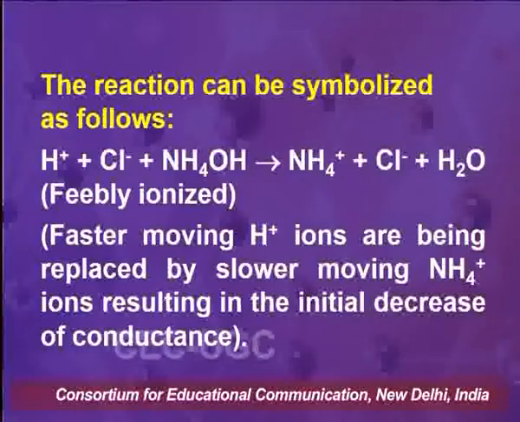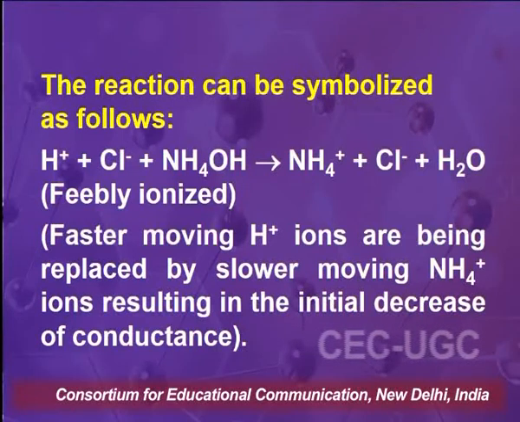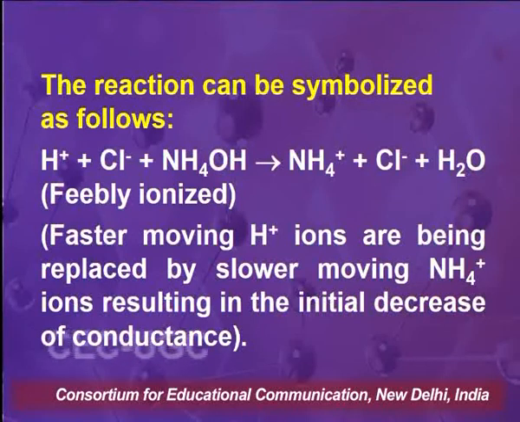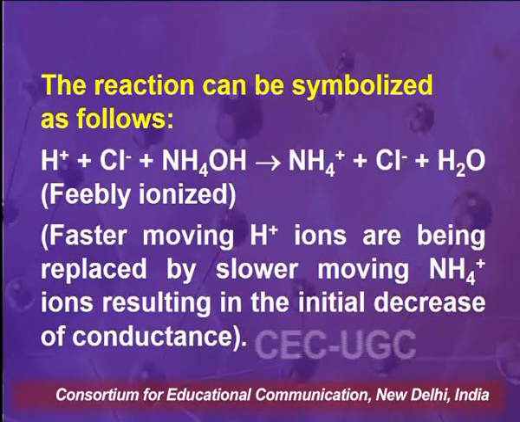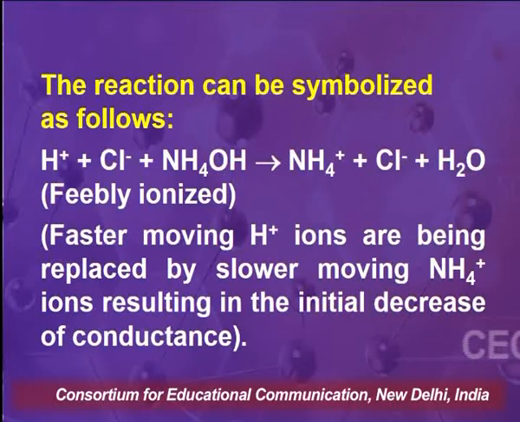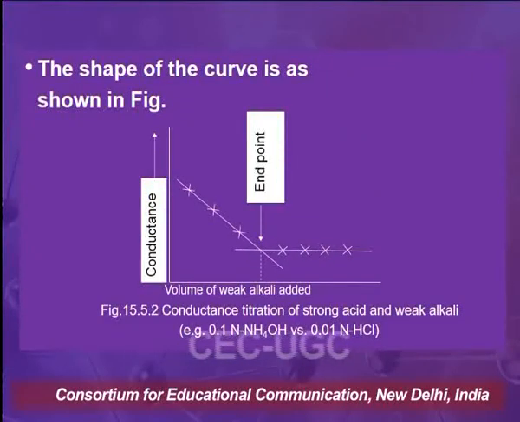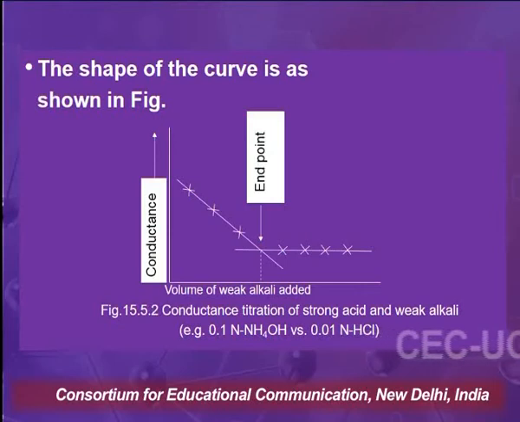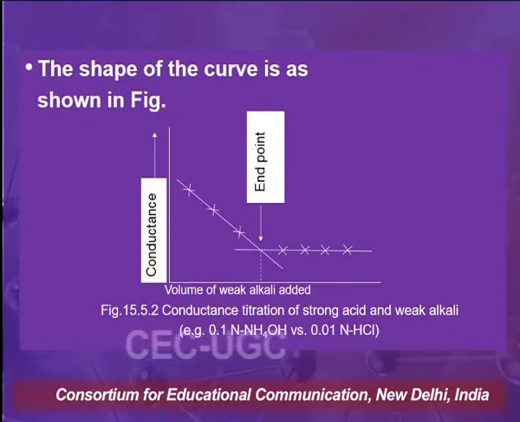The reaction can be symbolized as H plus ions plus Cl minus ions plus NH4OH gives NH4 plus Cl minus plus H2O. Faster moving H plus ions are being replaced by slower moving NH4 plus ions, resulting in the initial decrease of conductance. The shape of the curve is as shown in the figure. The first part of the curve is same as that of strong acid versus strong base, but in the second part we get almost no change in conductance because of feebly ionized ammonium hydroxide.